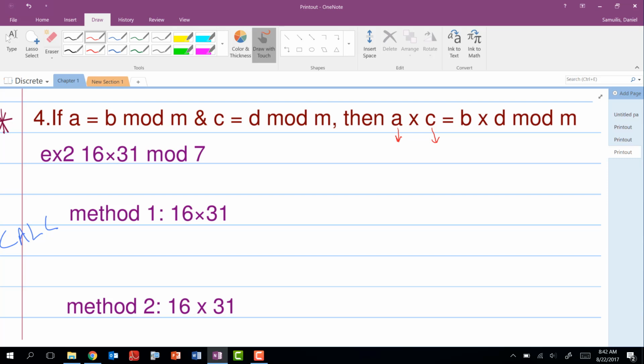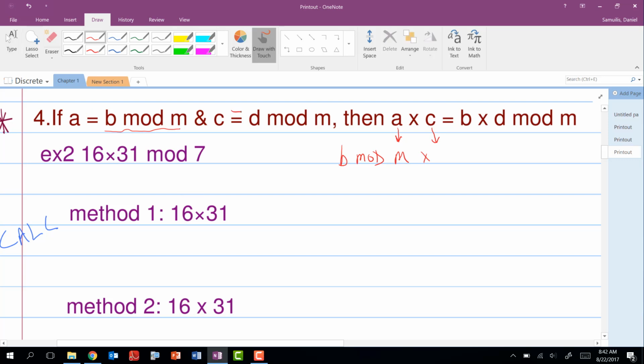So back to this one, really what the rule is: if I have b times d mod m, that's the same as b mod m. And then anyone that was in CAT last year, what I'm doing is just replacing a with b mod m. See, a equals b mod m, or is congruent.